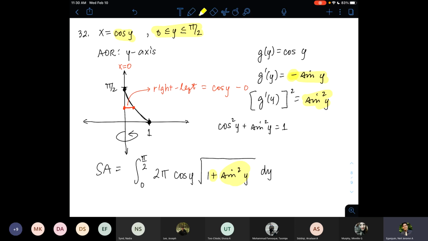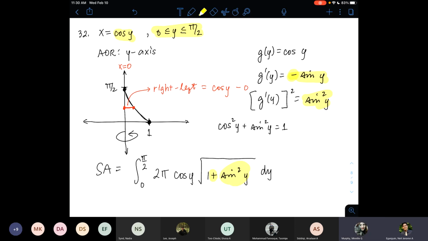So that would be sine squared. So in this particular problem, I cannot use the Pythagorean identity, unlike the hyperbolic cosine, which worked perfectly well. Here, 1 plus sine squared y will not simplify to anything good.